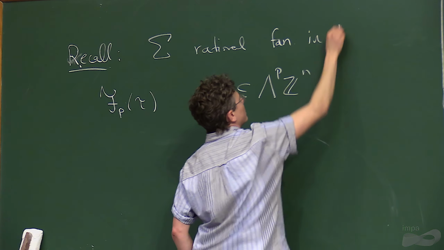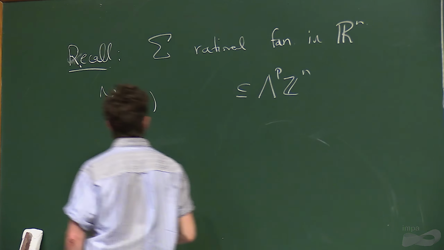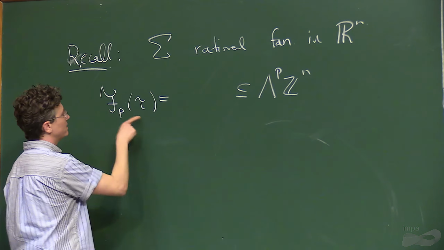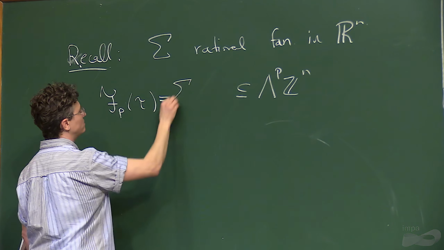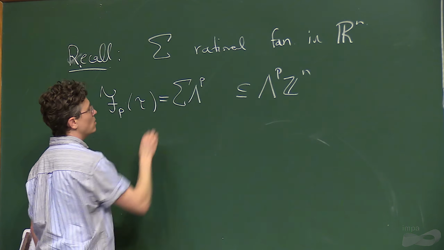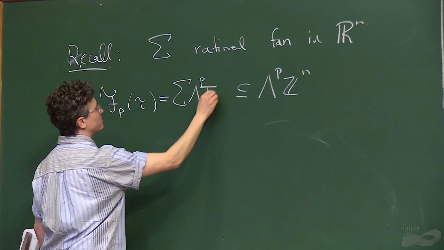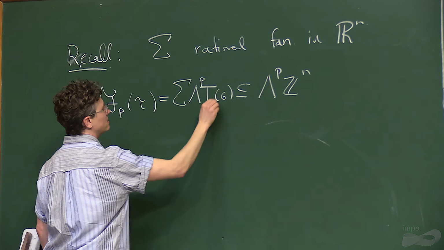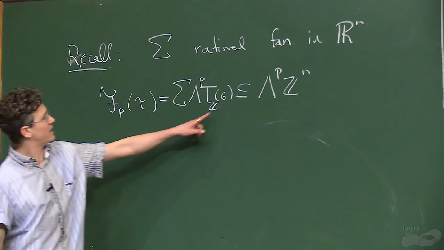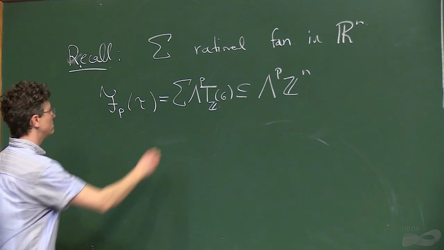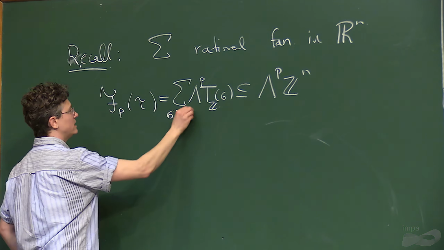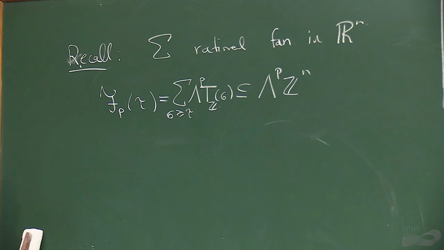And we defined a system of these Z modules by looking at the pth wedges of the integral parts of the tangent spaces of all cones that are containing tau. Okay?